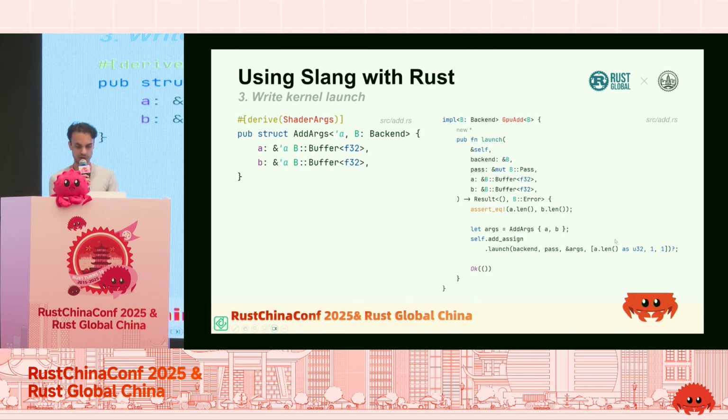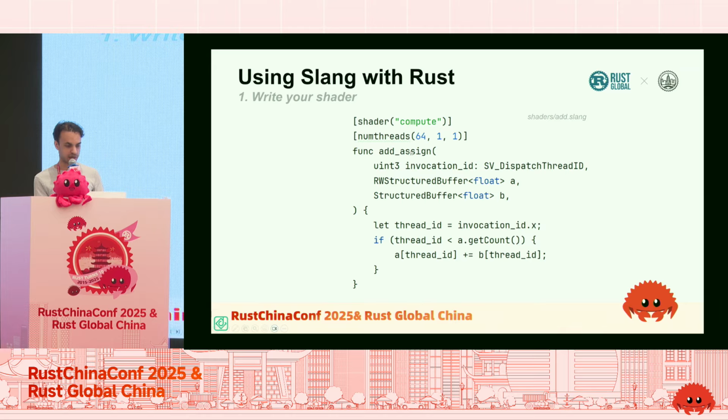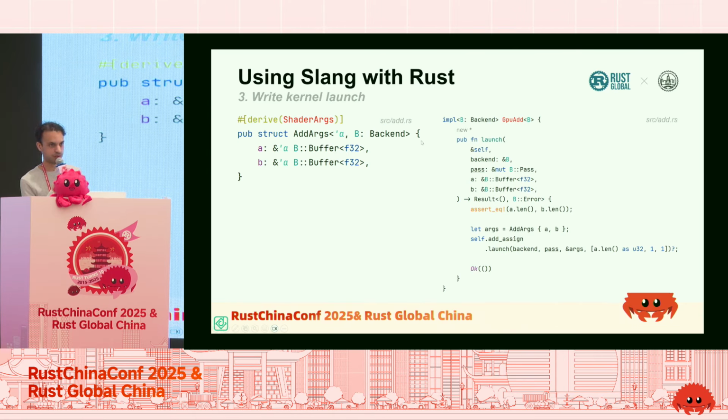So we are running the kernel with a number of threads equal to the length of A. And one other subtle note, if you have been working with WGSL before, is that here we are specifying the number of threads, not the number of work groups. Typically what you would do is divide that number by the 64 here. But here you don't need to.